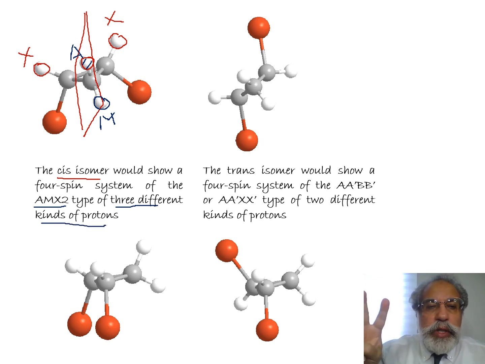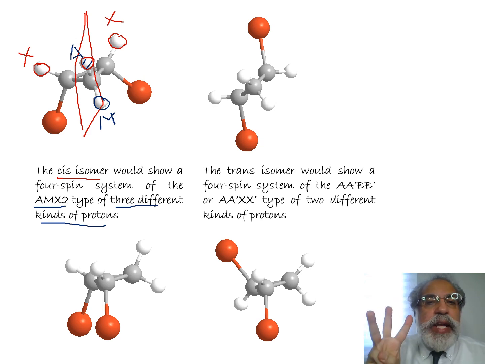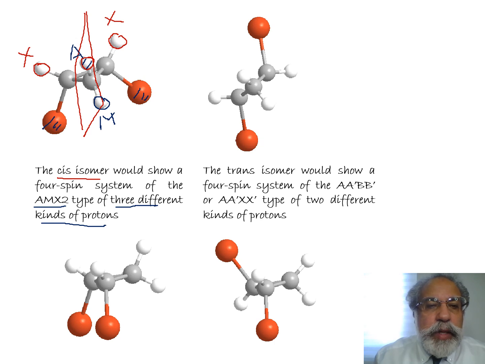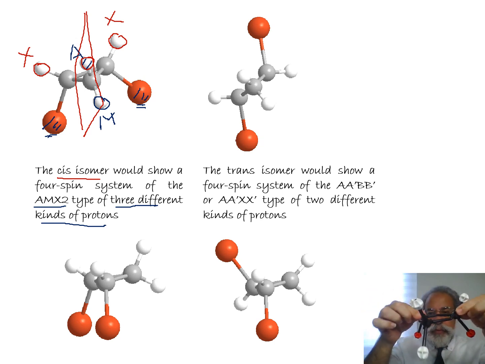So for this group, the AMX2, we will see 3 signals, while the methoxy group, the methyl ester, OCH3, will show up again as mirror images of one another, one singlet signal. If you look at the cis, that's what I was talking about.